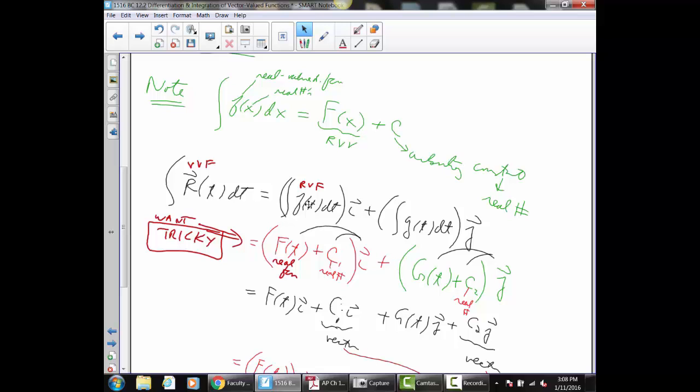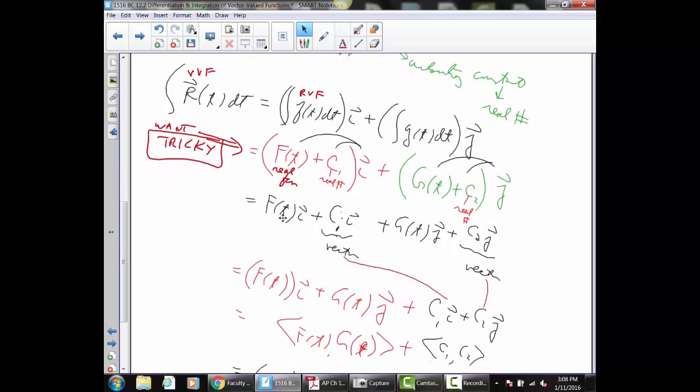Each one of these integrals is going to give some function, a big F of t plus c1, and same thing over here, you'll get some function G of t plus c2. Since we're multiplying all this by i, if I distribute, I get the following. But if you take c1 i and add to it c2 j, what you really have is another vector. It's like a constant vector.